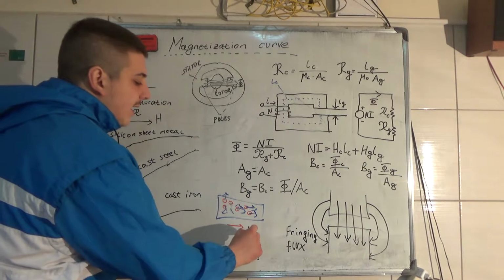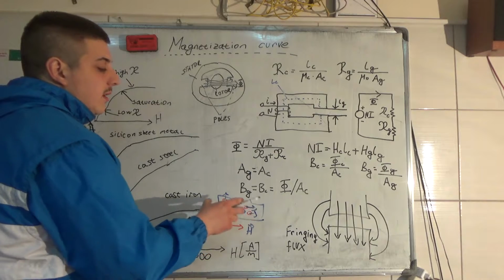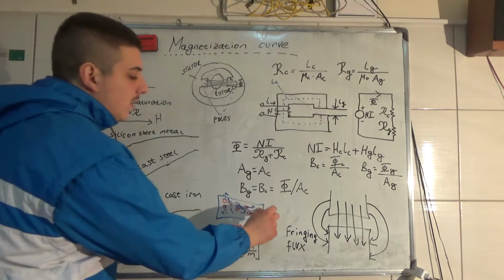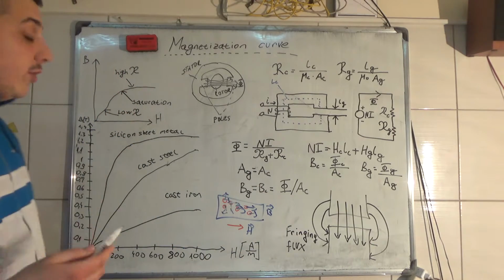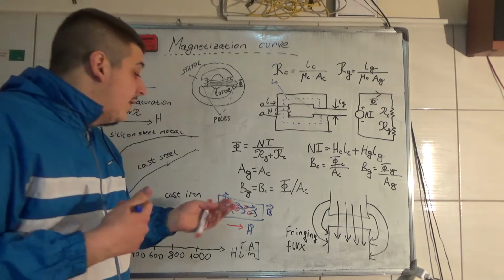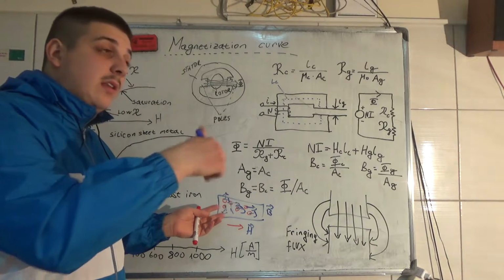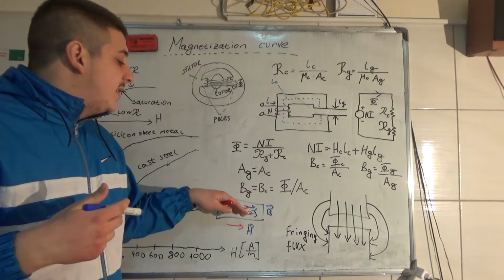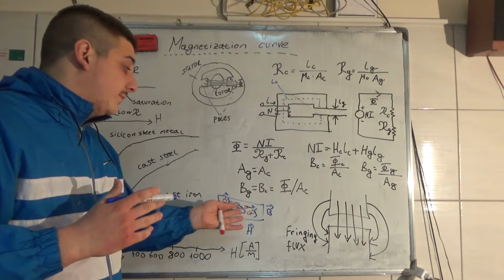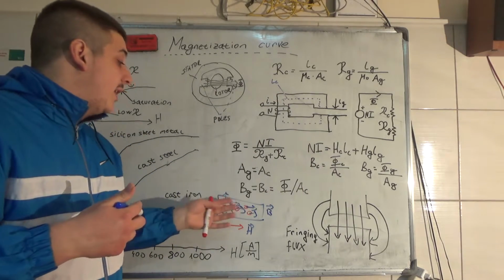The more you pump this magnetic field intensity into this magnetic material, the bigger the magnetic flux density is going to be. But there is a point, and that's the saturation, where you can't make these ions more uniform. You can't make them look in the same direction.